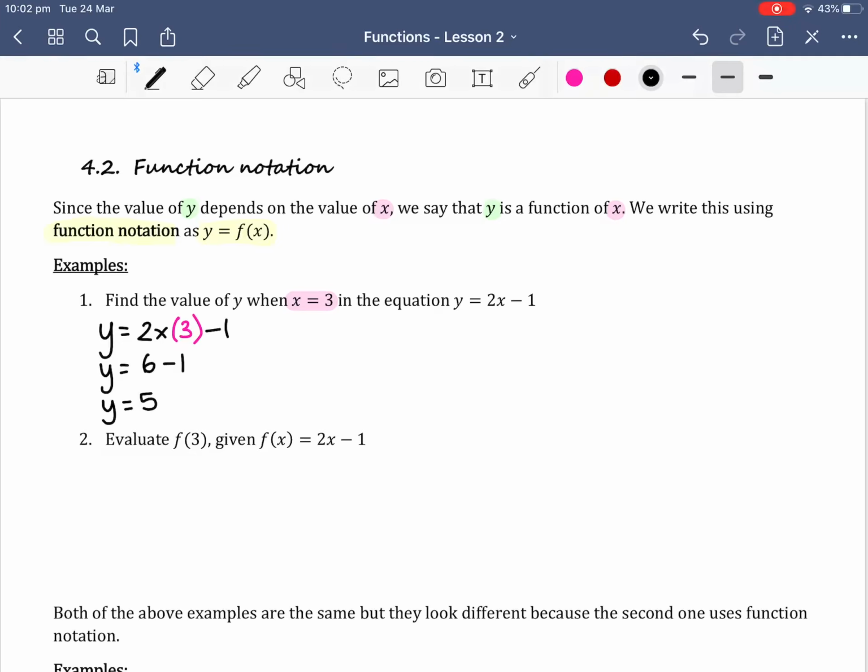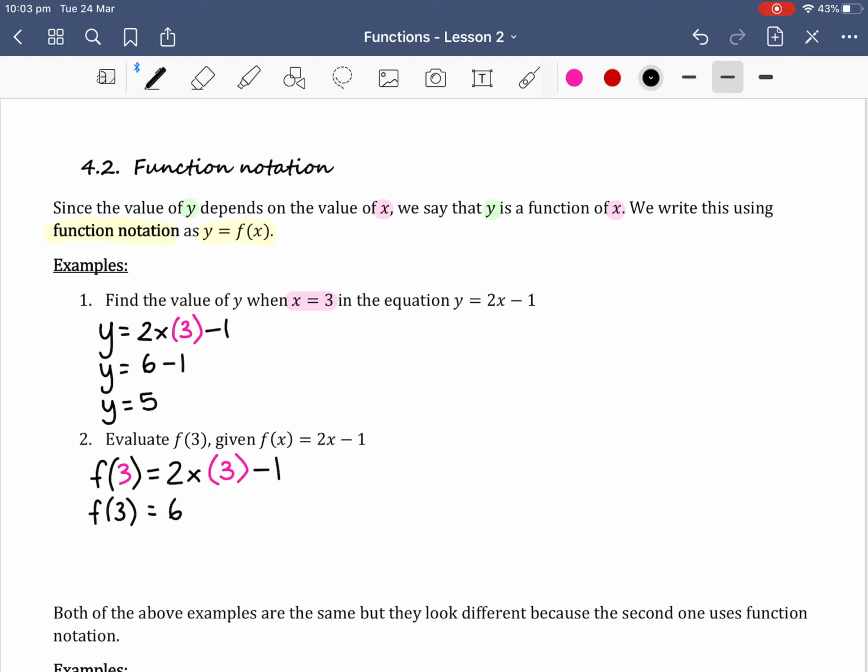Our second example is to evaluate f of 3, given that f of x equals 2x minus 1. So we have f of 3, and I'm going to sub that into our equation: equals 2 times our 3 that we're substituting in, minus 1.